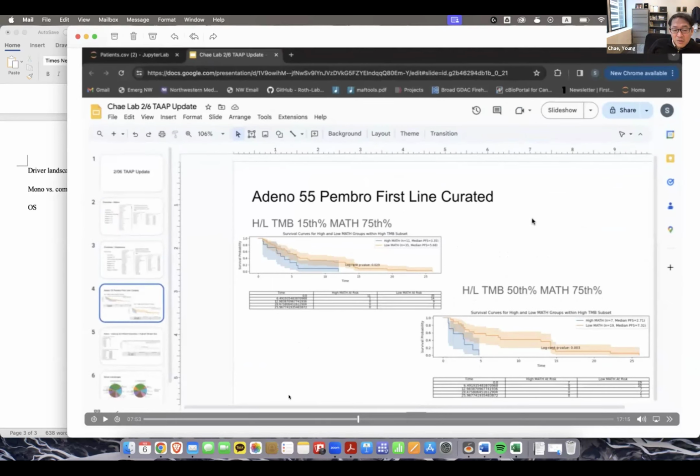Yeah, this one is showing high heterogeneity showing worse outcome. And if you look at TMB, 15th percentile, 50 percentile high.